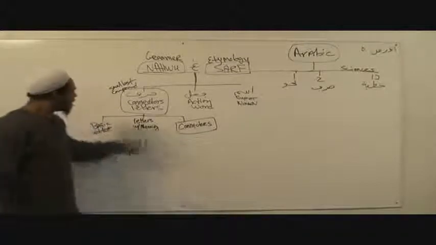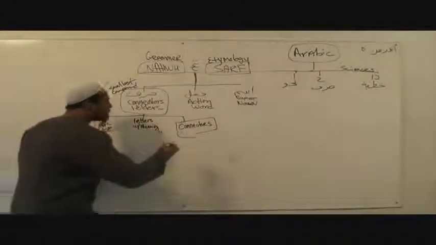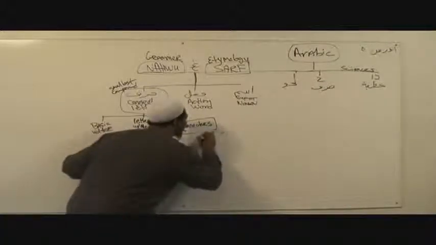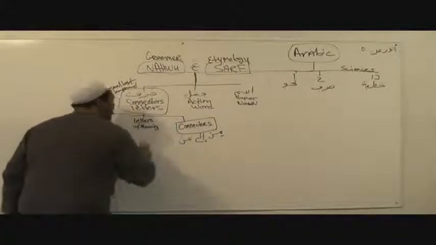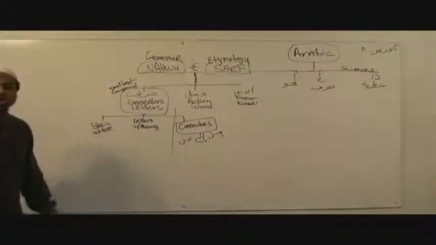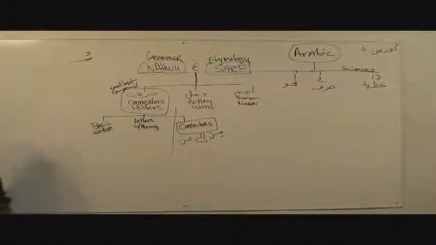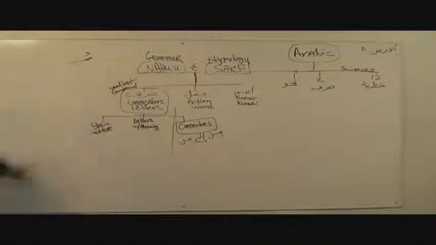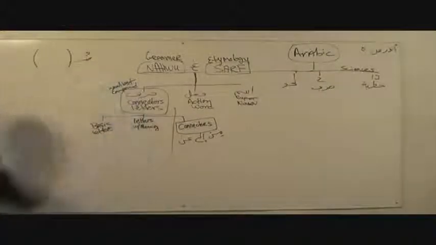Very important words. Now, letters with meaning. What do we mean by that? Let me put min, ila, an here. Now here, we have letters with meaning. What does mu mean in front of a word? That's a letter with a meaning. No matter what the word is, mu's meaning doesn't change.